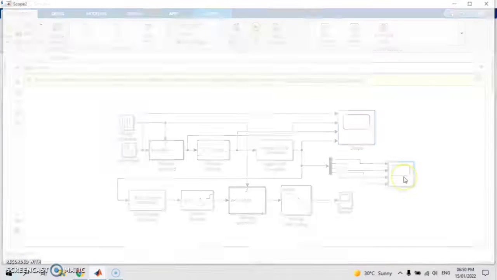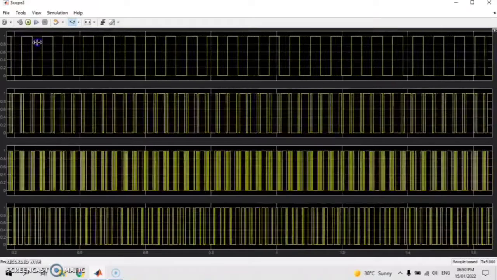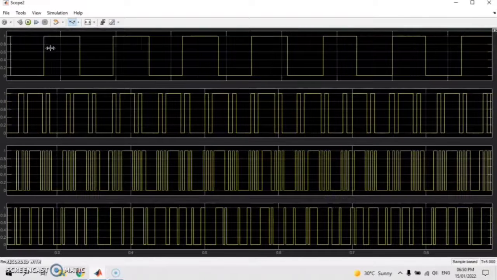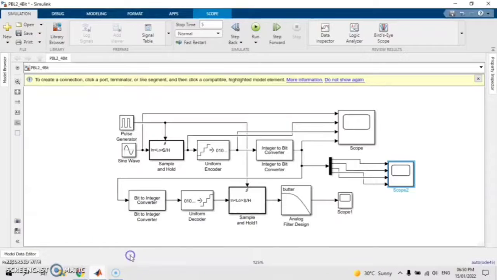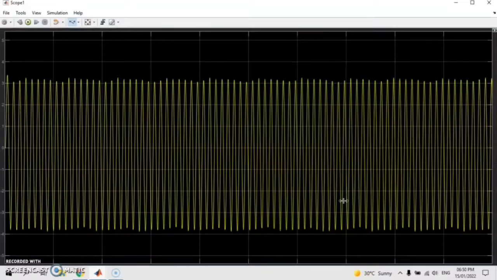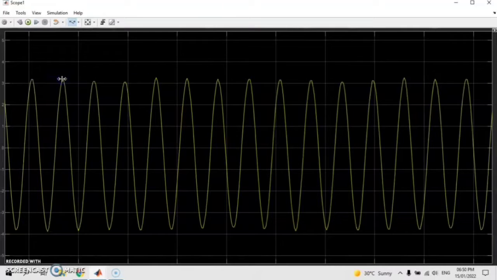Then what we have here is the 4-bit encoded signal, and we can see the first bit, second bit, third bit, and fourth bit. Lastly is the decoded signal. Here is the decoded signal that we get.